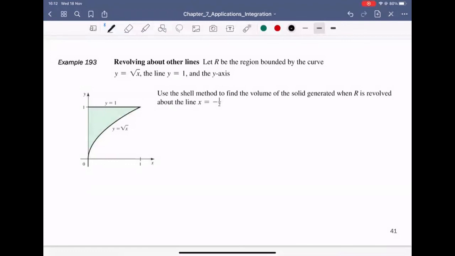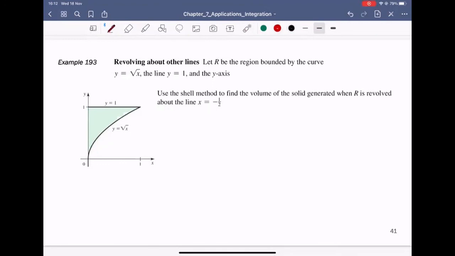All right, so let's do example 193. I think you are tired for today, so let's do one more and then we can go. We have the region here, which is the one that I already drew for you. The question says: use the shell method to find the volume of the solid generated when R is revolved about the line x equal to negative 1/2.